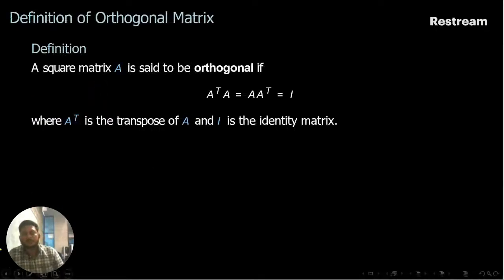The definition of orthogonal matrices: a square matrix A is said to be an orthogonal matrix.